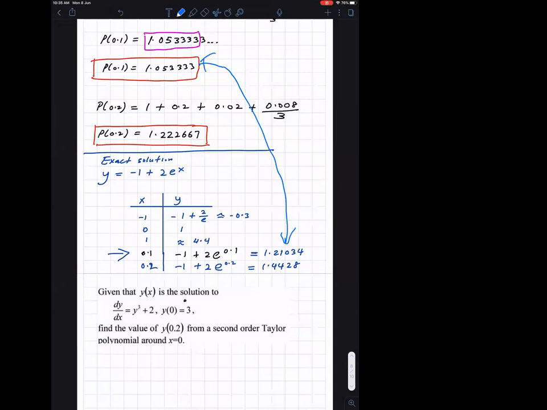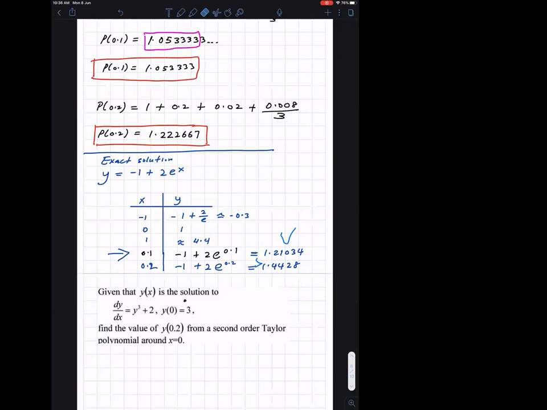Okay, there can be some error, and you also can see from here that at 0.2, this is giving you 1.222667, but that is giving you 1.44. This also you have to calculate to 6 decimal places, just to make you aware, to show you what the Taylor series polynomial is doing. It's just giving you an approximation.